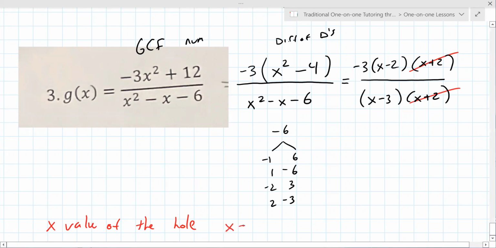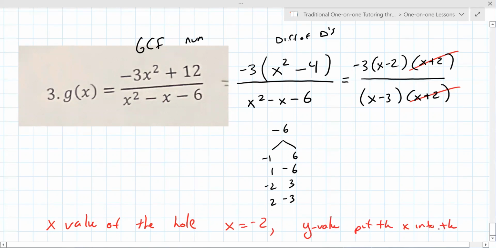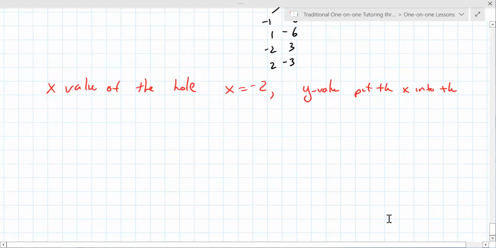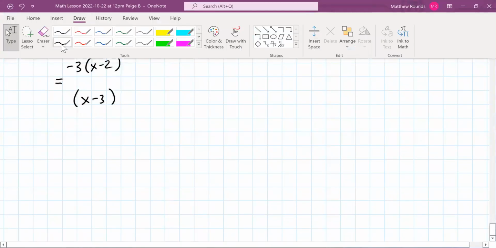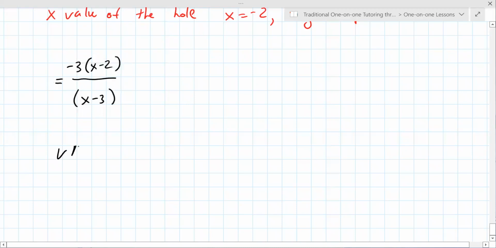Yes, perfect. And to get the y value, which I'm not going to ask you to do, you put the x into the reduced form. So grab the reduced form. Okay, so there's your reduced form. Now let's do the vertical asymptote next. What is the vertical asymptote? If you need a reminder, let me know, but you're setting something equal to 0.